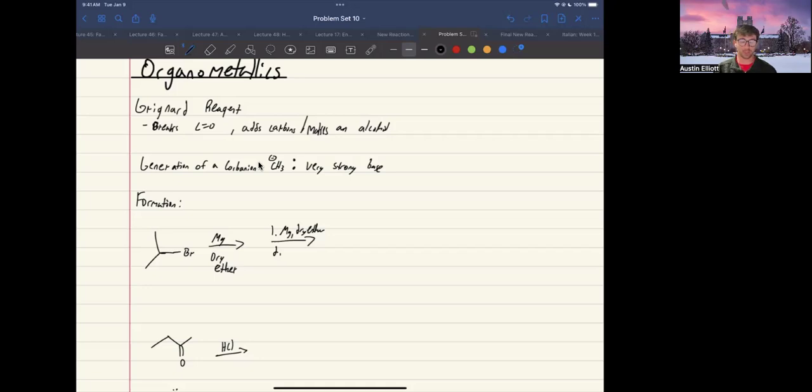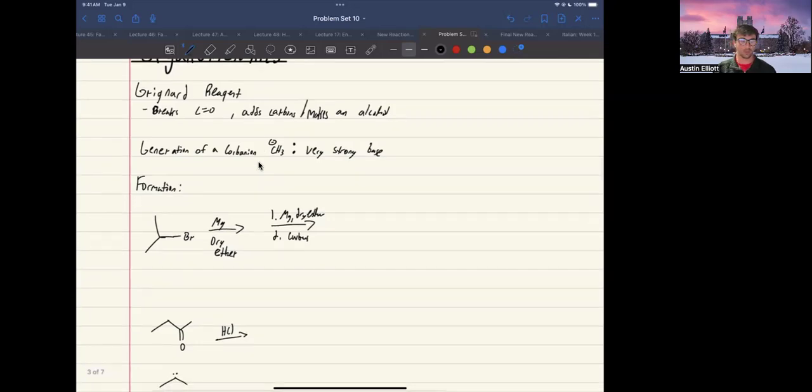It really just depends on what the question is asking or what Dr. Berg is trying to get out of the question. So, looking at the formation of the Grignard reagent, this is what it looks like fully together, and this is what it actually looks like.